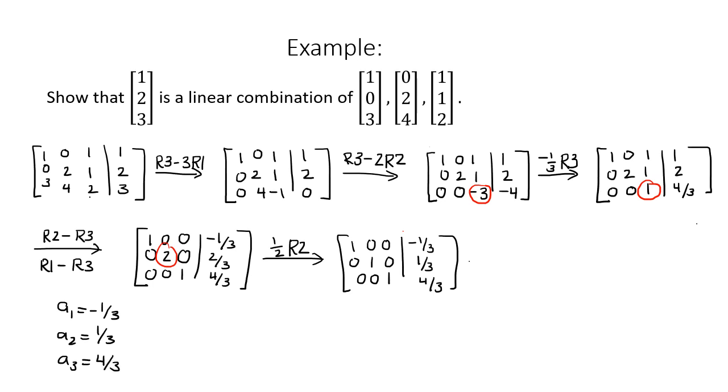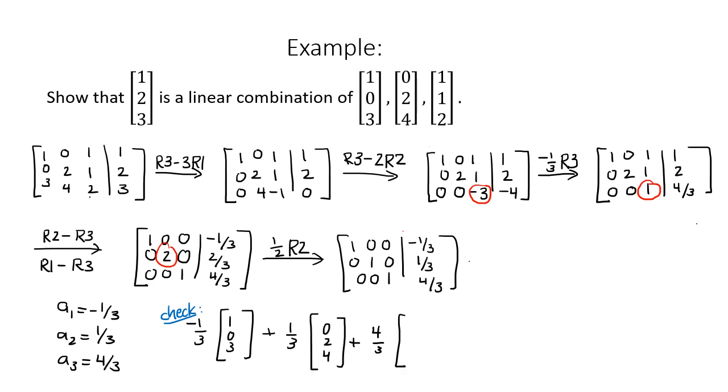All right, we can easily check our answers if we calculate negative 1/3 times (1, 0, 3) plus 1/3 times (0, 2, 4) plus 4/3 times (1, 1, 2).